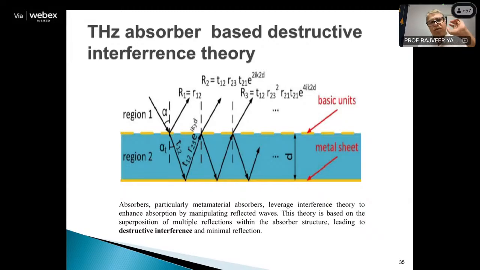Now, if we go deeper into the absorption of the sensor, here we have taken the working of this particular device based on interference theory, and then computed the absorption.